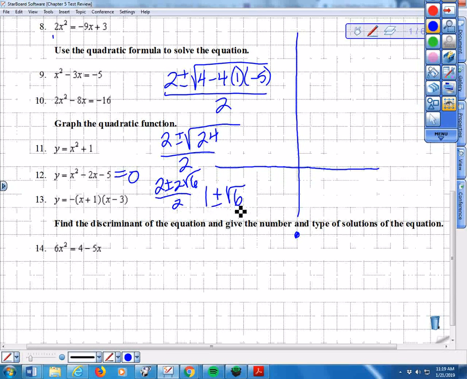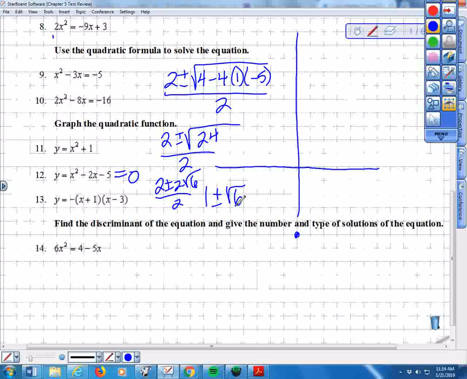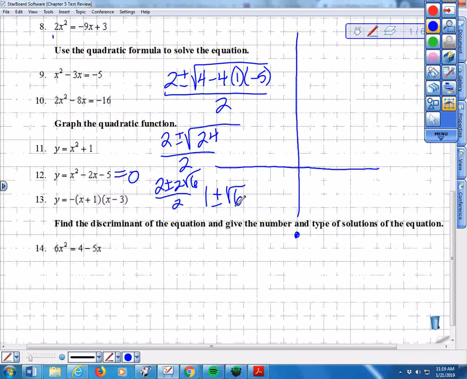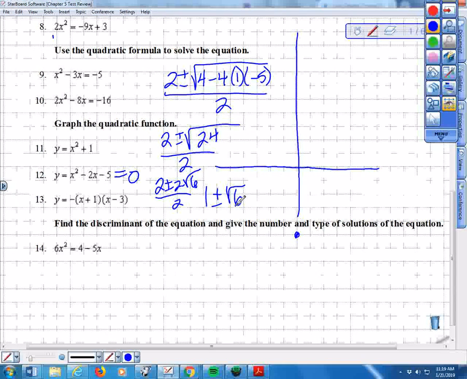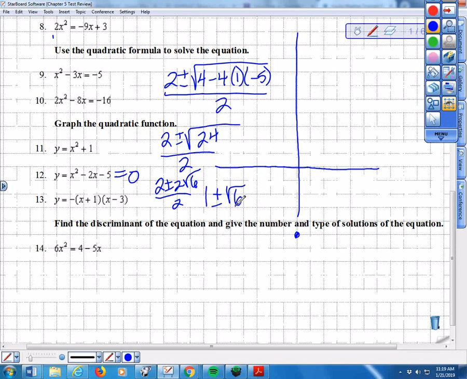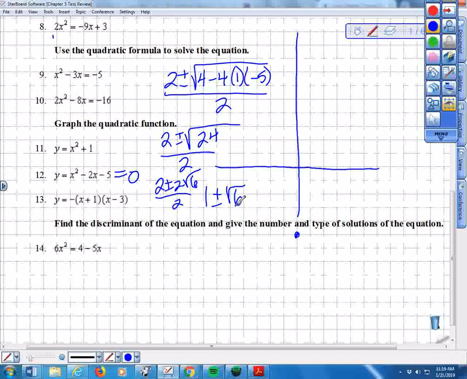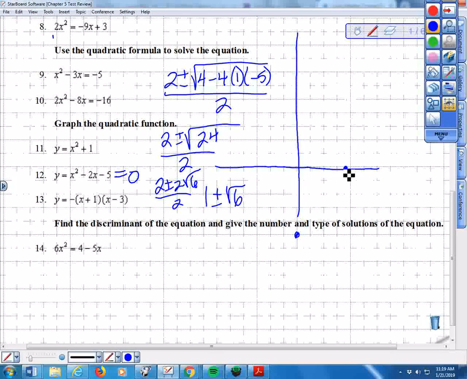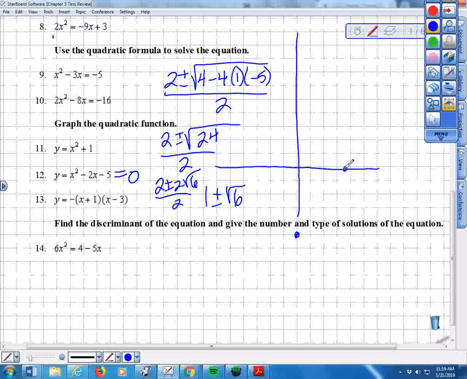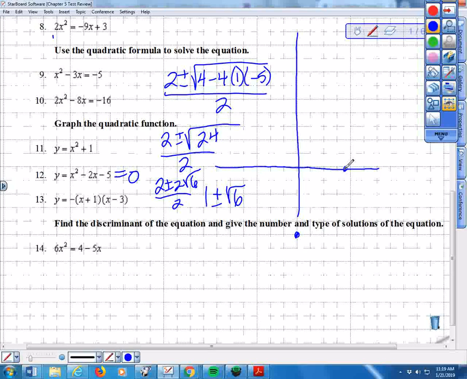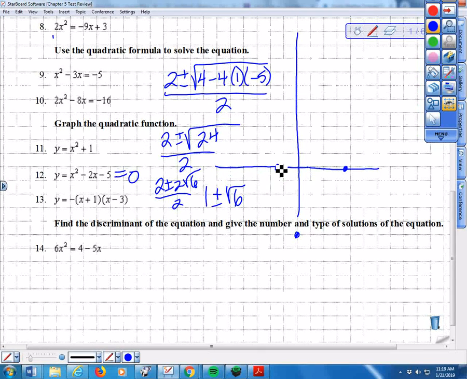Right? So I'm just going to take a calculator. 1 plus the square root of 6 is 3.45, so it's going to be here somewhere. 1 minus the square root of 6 is negative 1.45. So there are my zeros.